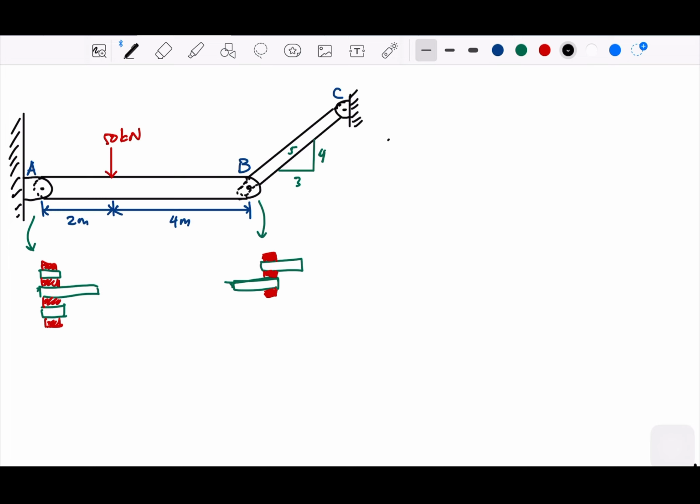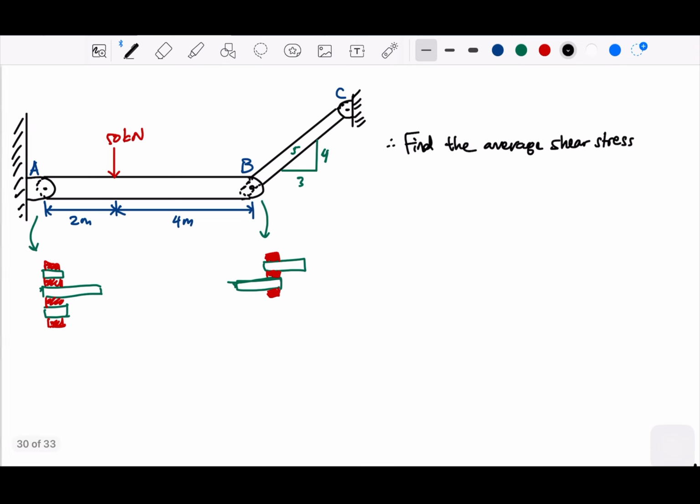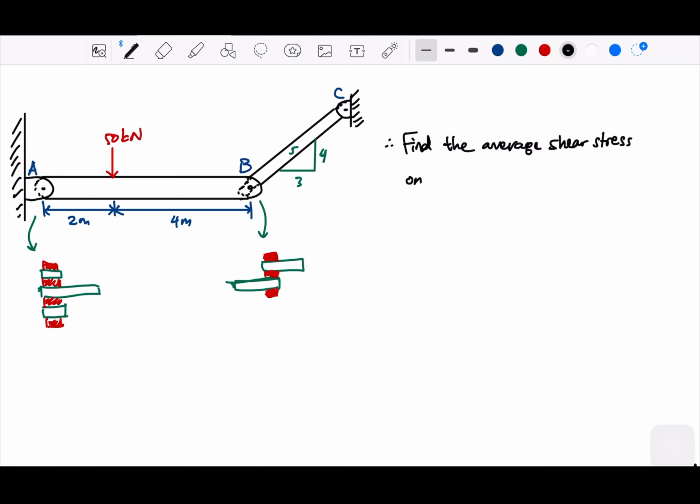The question, let me write here: find the average shear stress on the 20 millimeter pins at A and B. The red color is the pin.